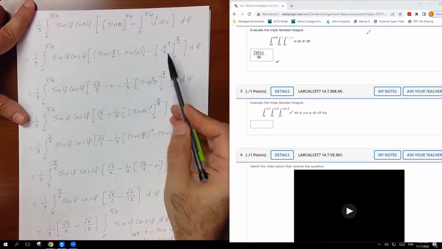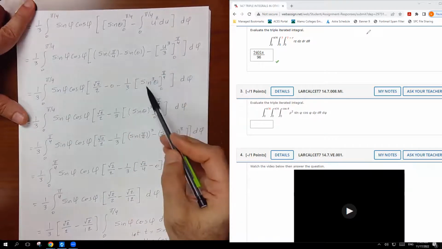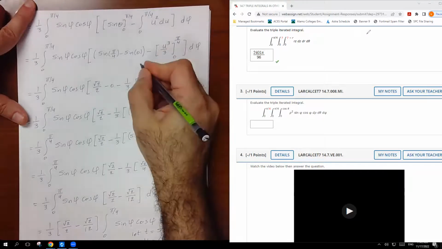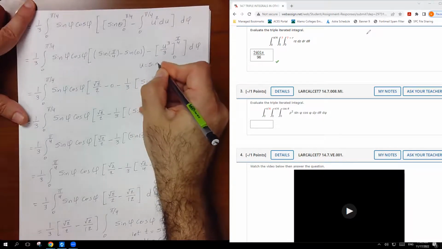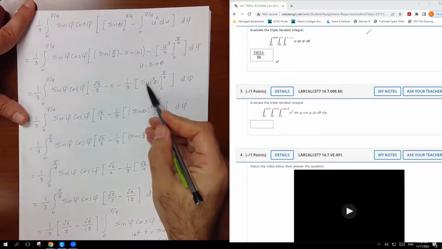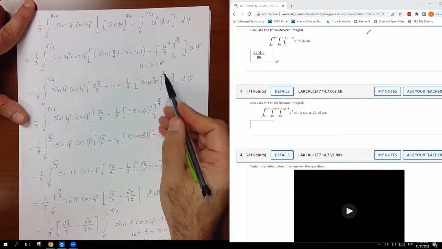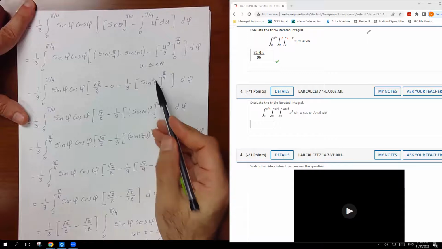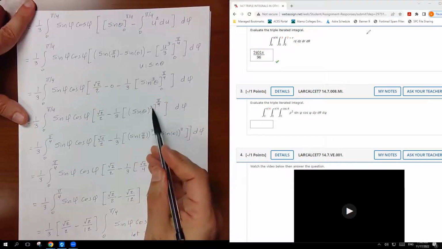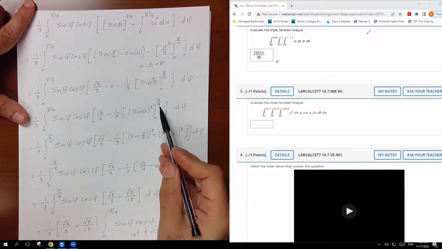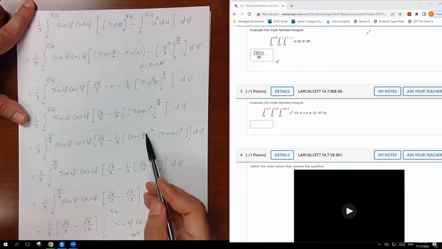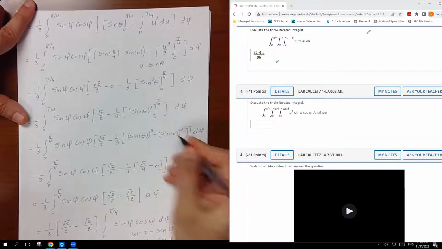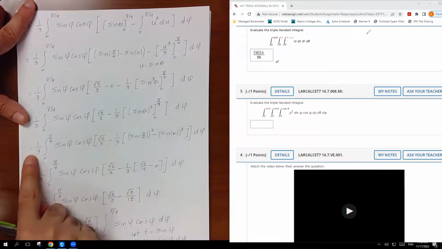1 over 3, which is the constant. Bring back the u, which is sine theta. So it's going to be sine cubed theta from 0 to pi over 4. Here is 1 over 3. Now plug in pi over 4, so it's going to be sine pi over 4 cubed minus sine 0 cubed. Everything here is the same.